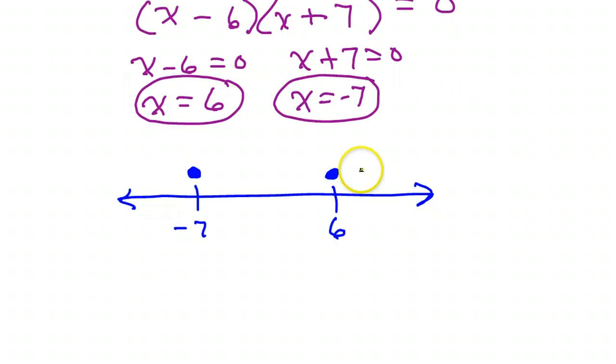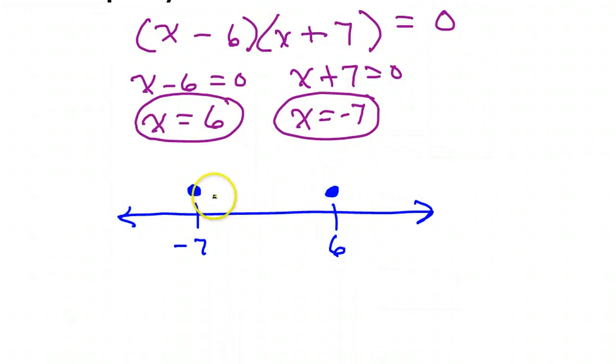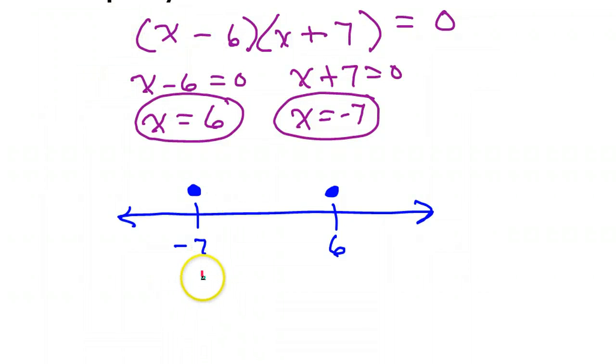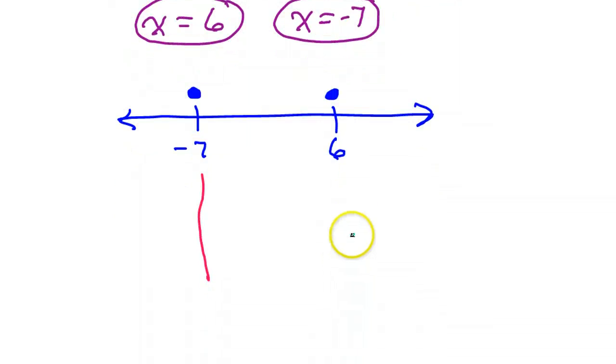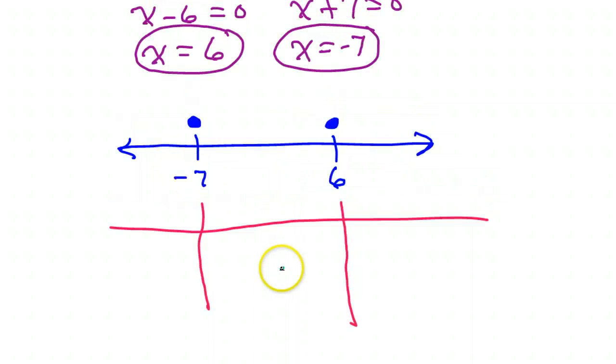Okay, so what we could do now is do some test values, is one way to look at it. So if we do some test values, our thought process is like this. We need to check each one of these zones.